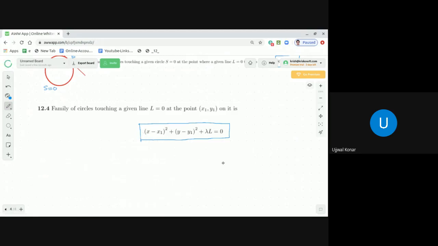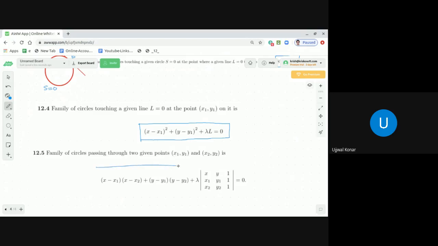The family of circles passing through the two given points (x1, y1) and (x2, y2) is (x minus x1) into (x minus x2) plus (y minus y1) into (y minus y2) plus lambda into the 3 by 3 determinant with rows x, y, 1; x1, y1, 1; x2, y2, 1 is equal to 0. That is the family of circles. Dear students, you need to memorize this information so that you can apply it as and when required while solving problems. So this is about the family of circles.